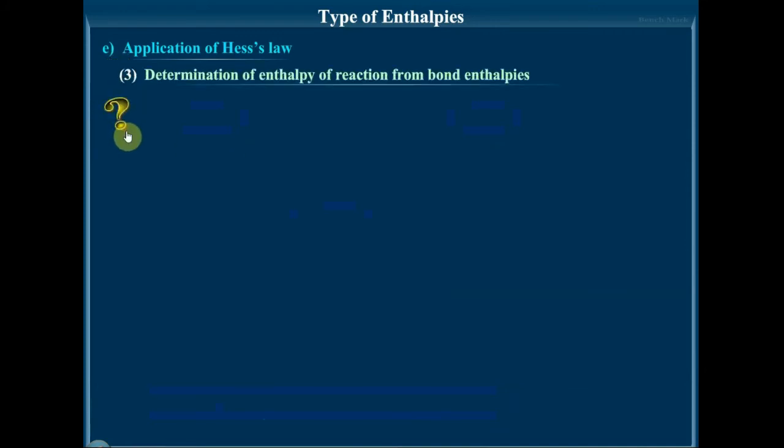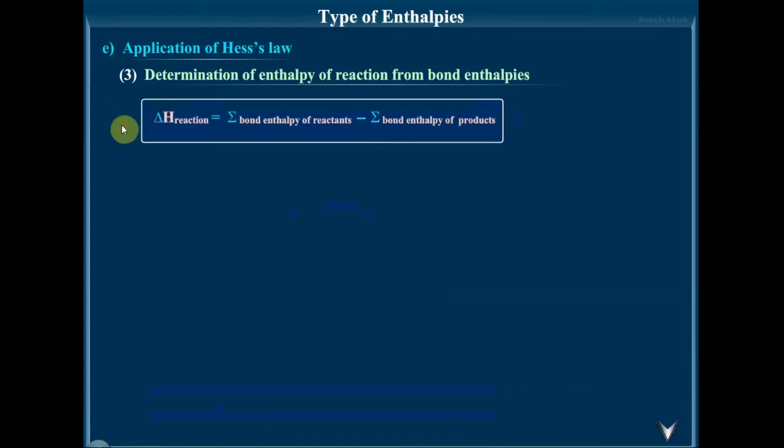Next application is determination of enthalpy of reaction from the bond enthalpies. Another way for calculating the enthalpy of a reaction is if the bond enthalpy values are given in the question, for example, C single bond C values or H-O bond value, depending upon the reaction given. The bond energies of the reactants and products will be given.